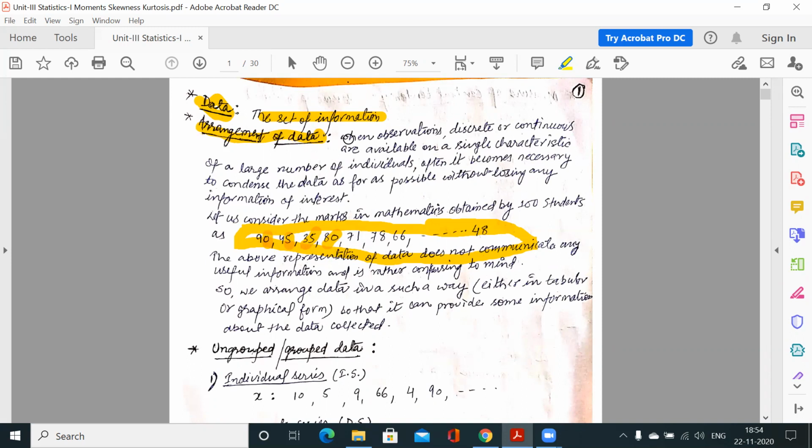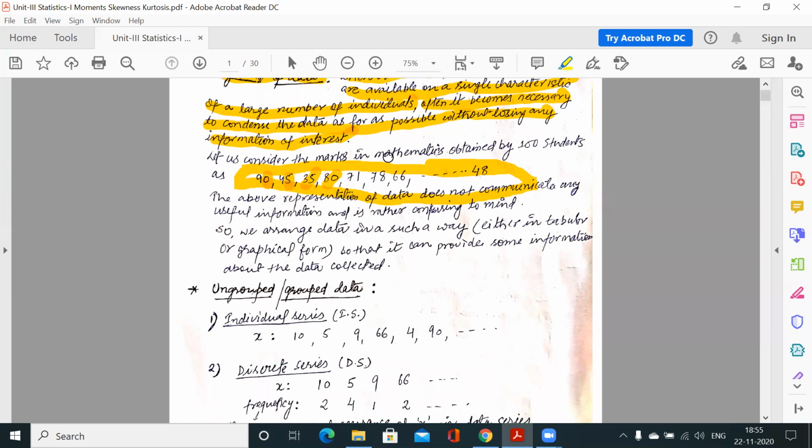So the same is written here: when observations, discrete or continuous, are available on a single characteristic of a large number of individuals, often it becomes necessary to condense the data as far as possible without losing any information of interest. So the same example is written here, that for 100 students, these are the marks in mathematics.